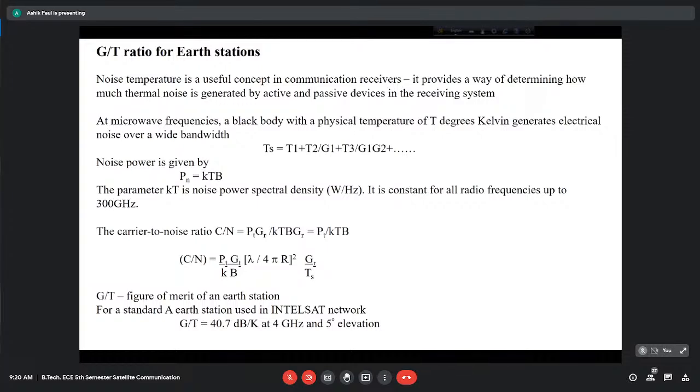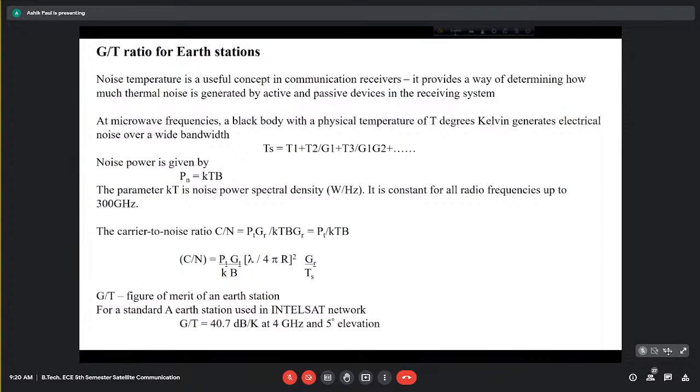So that also agrees with our overall physical understanding, because if I'm trying to receive a very weak signal, the ambient noise is much larger than the signal component, and while trying to receive that, if I'm using a receiver where the individual blocks are contributing a large amount of noise, then that makes my task even more difficult.